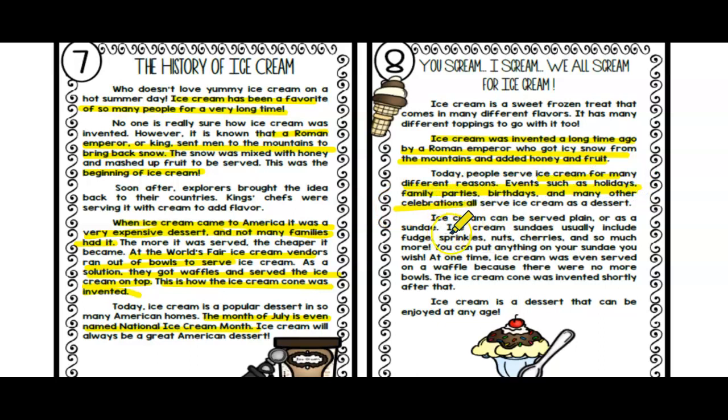We learned that ice cream can be served plain or in a sundae. And we learned that one time ice cream was even served on a waffle because there were no more bowls. And ice cream can be enjoyed at any age.